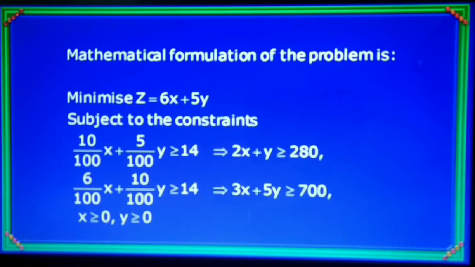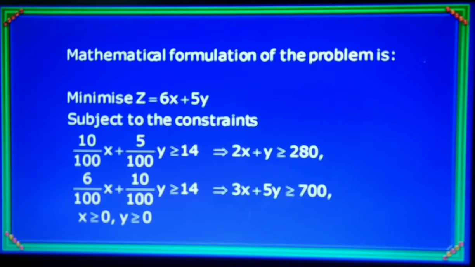Next, phosphoric content: 6% of x plus 10% of y must be greater than or equal to 14. That implies, after simplification, we will get 3x plus 5y is greater than or equal to 700.